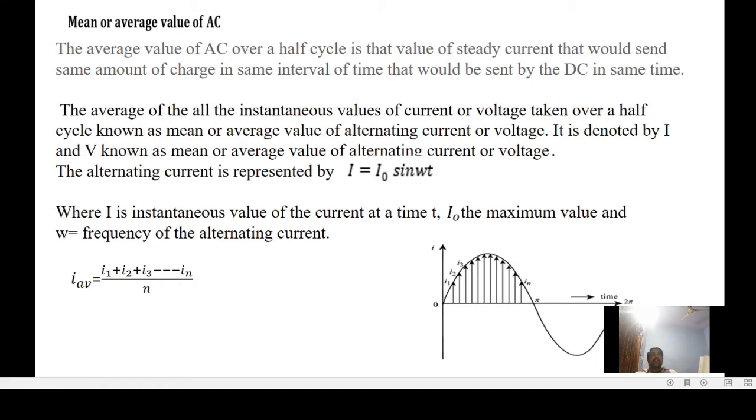It is denoted by I and V, and it is represented by I = I0 sin(omega t) and V = V0 sin(omega t). Here I is the instantaneous value of current at a time t, I0 is the peak value or maximum value, and omega is the frequency of alternating current.